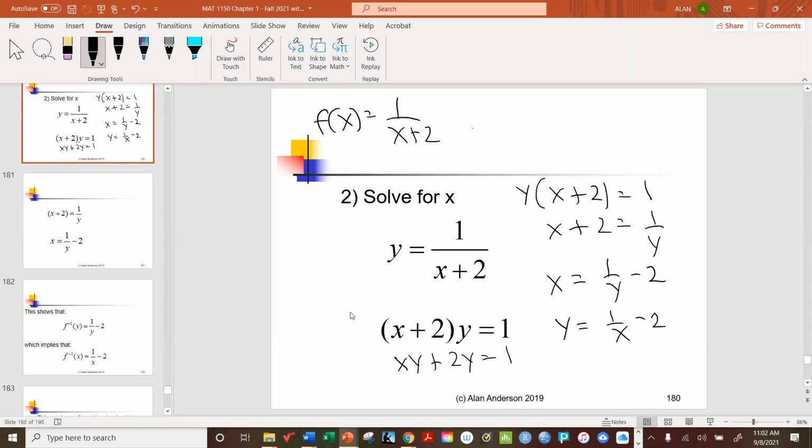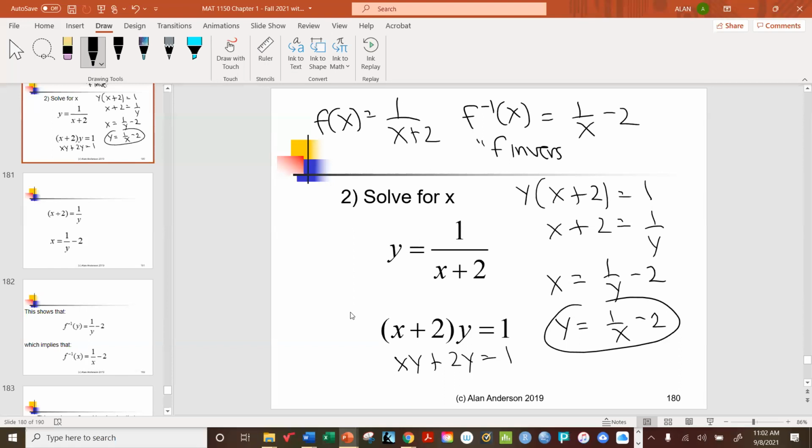The inverse is formally written as f inverse of x. So yes, I found the solution, but you should ideally express this as f inverse of x. And this is, of course, f of x.